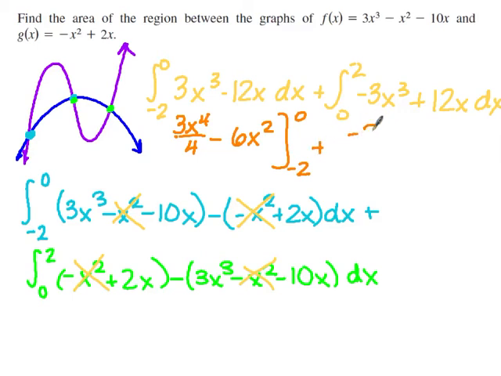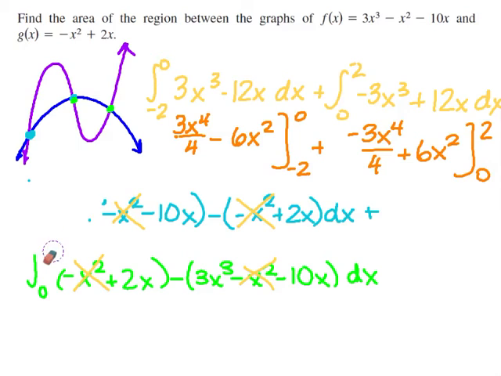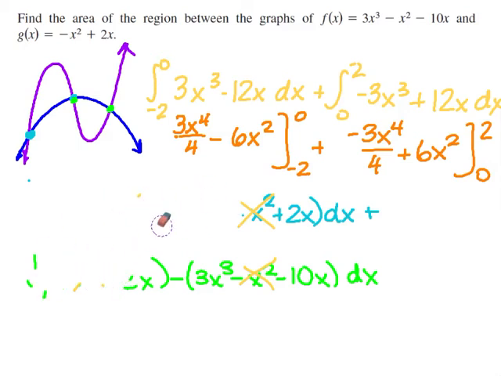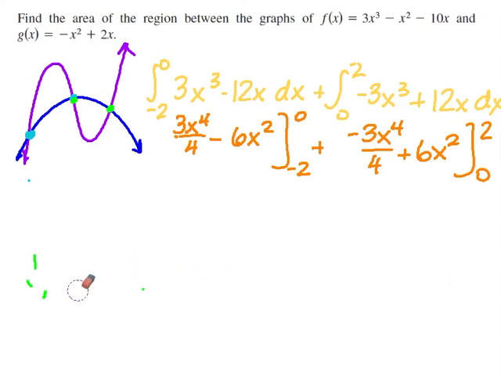Here you're going to evaluate -3x to the 4th over 4 plus 6x squared from 2 to 0. Okay, so let's figure out when we plug in 0.